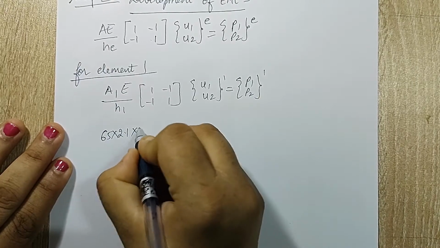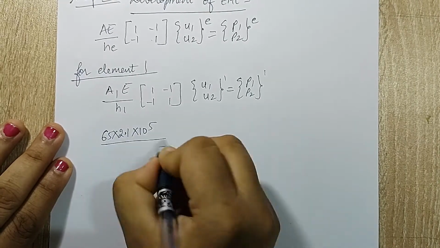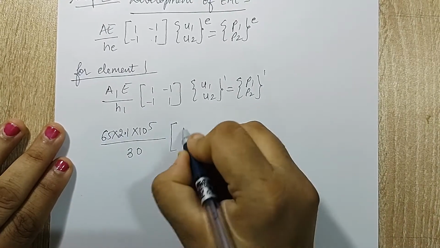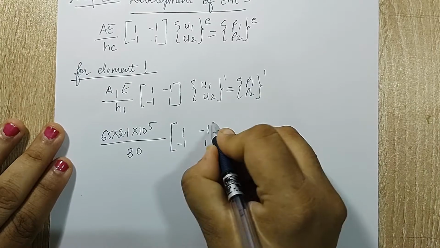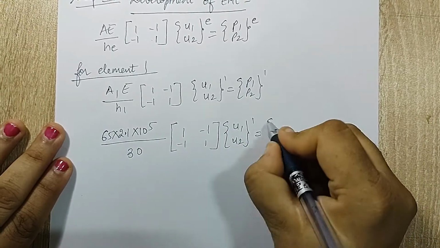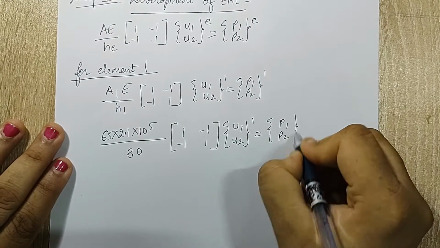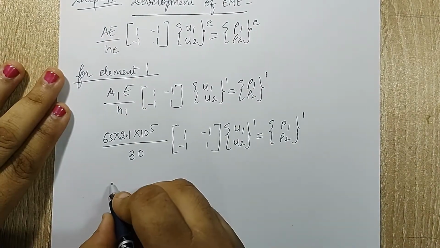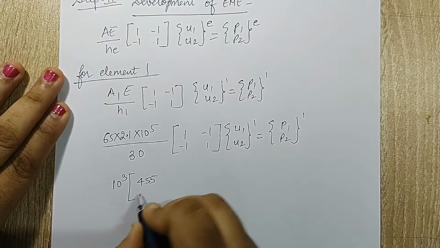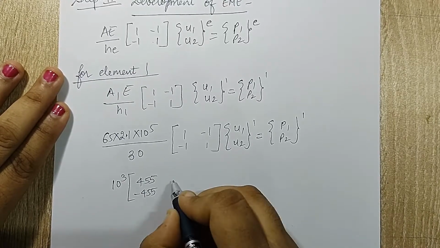E is 2.1 into 10 raised to 5. H1 is 30. Here I have the matrix [1 -1; -1 1], U1 U2 raised to 1 is equal to P1 P2 raised to 1. When I solve this, I get 10 raised to 3 common. The number inside is 455, which I multiply inside.